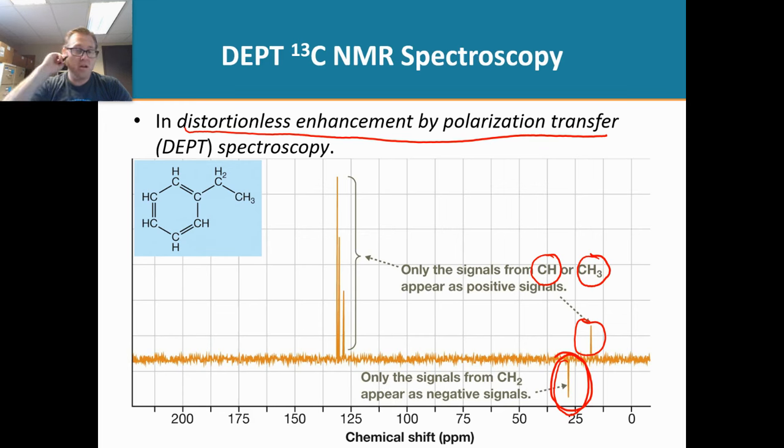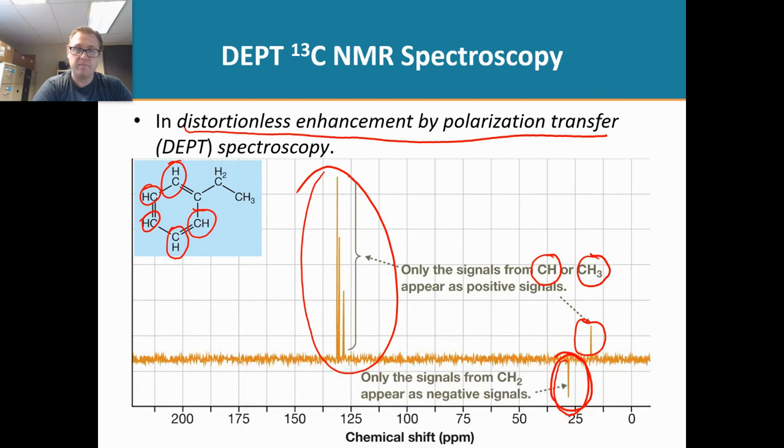So when we look at our molecule here, we see, hey, you have a carbon there with one hydrogen right there. There, right? All those are going to be up here. And then we have a methyl, which is going to be right there.